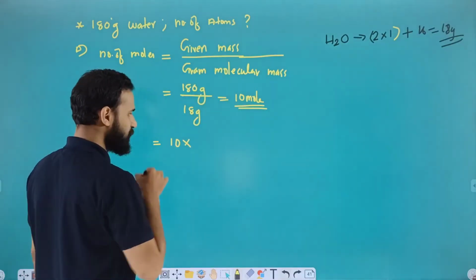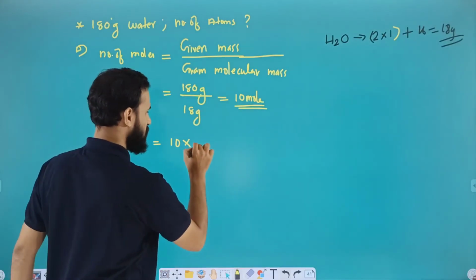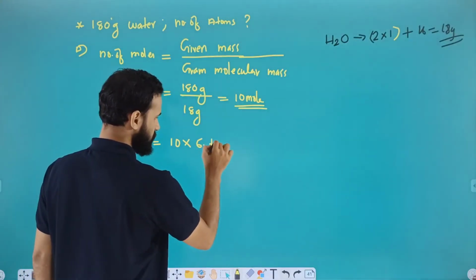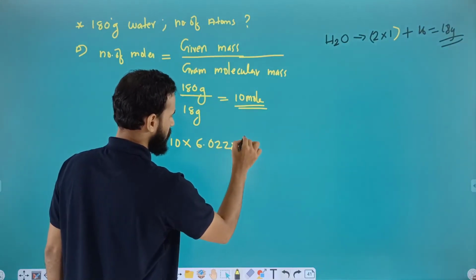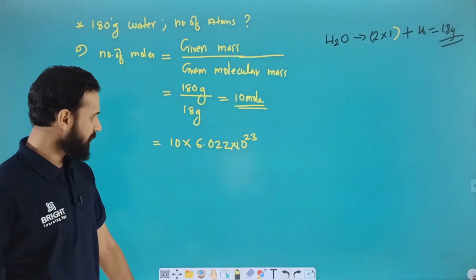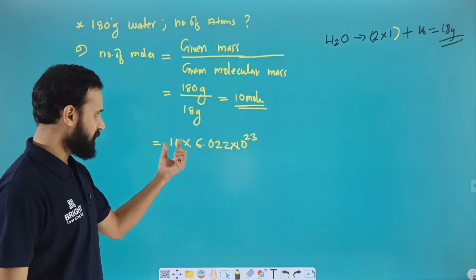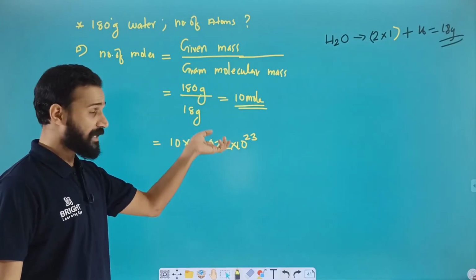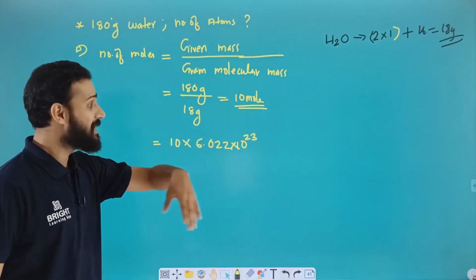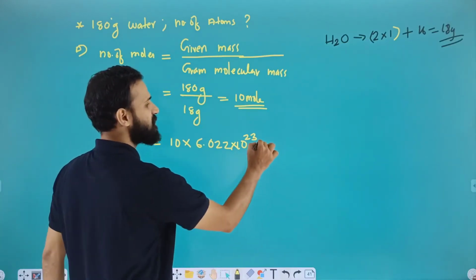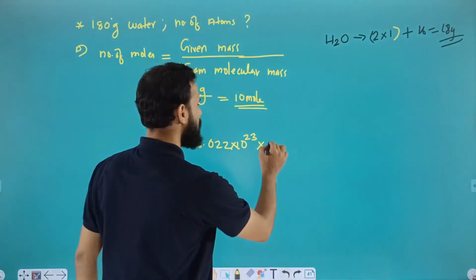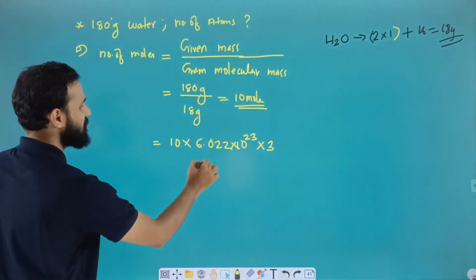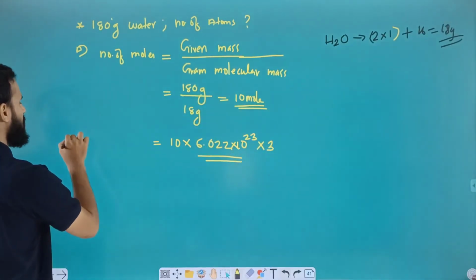So 10 into Avogadro number, which is 6.022 into 10 raised to 23. When we multiply the number of moles by the Avogadro number, we get the number of molecules, into atomicity. What's atomicity, dear students? In the case of H2O, 2 plus 1, 3. So when we multiply this, we will get the number of atoms.